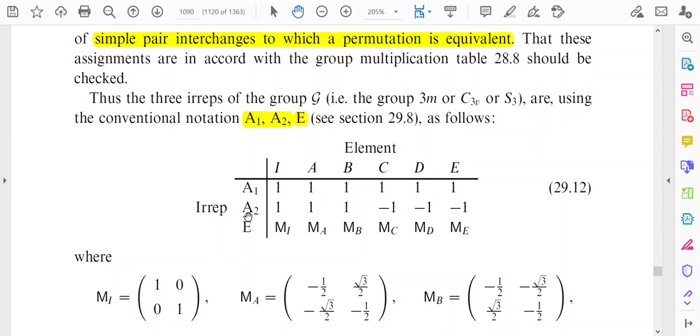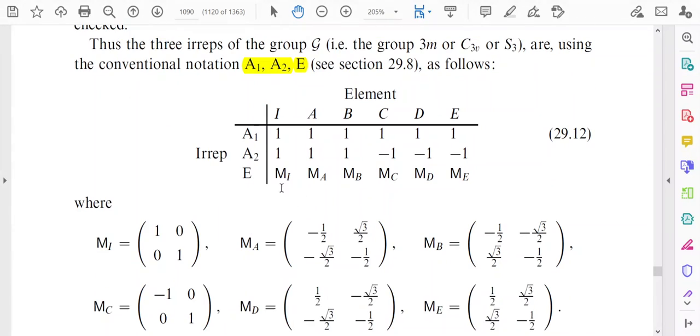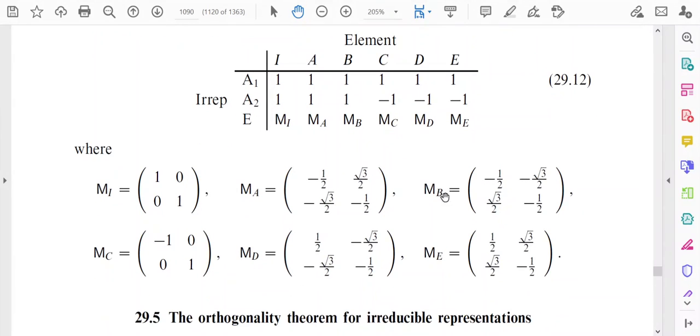The next one is A2, for which 3 elements will be 1 and another 3 will be -1. And the next irreducible representation is the set of 6 orthogonal matrices, which we denote as E, and we write them as MI, MA, MB, MC, MD and ME. So these are the respective matrices.